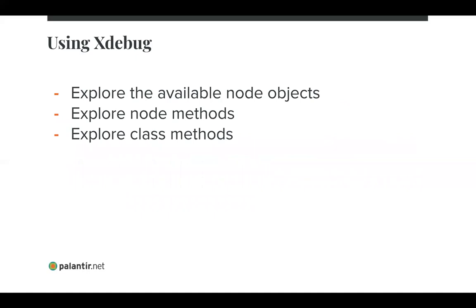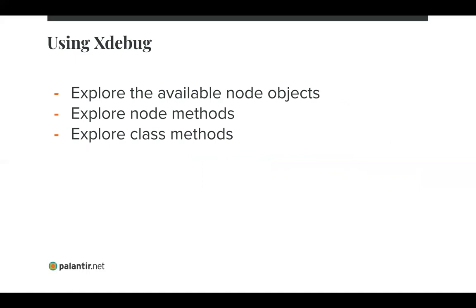In terms of development efforts, I found that the most helpful thing is to use Xdebug, which is a debugger for PHP. You can explore the node objects, what they have, what they look like, and how the connections are maintained within them. The other thing is that nodes have a lot of methods to help you do those things, like add something to it, change it, or find a connection.